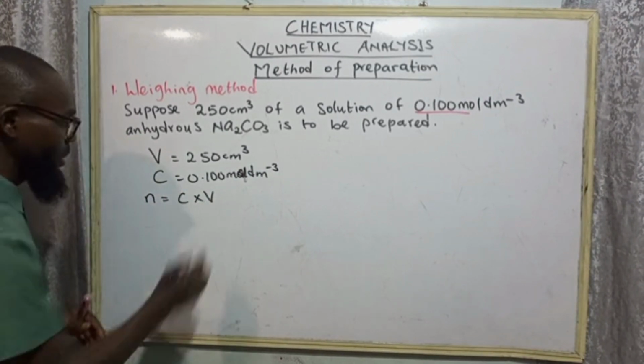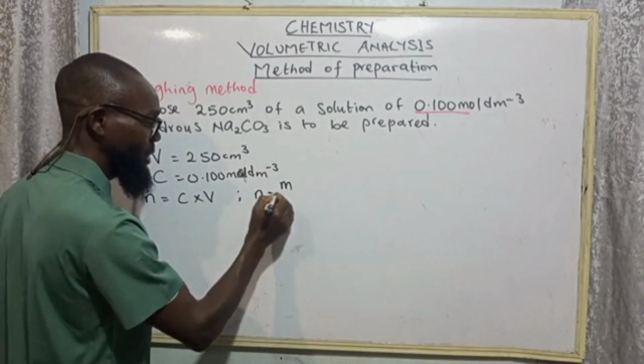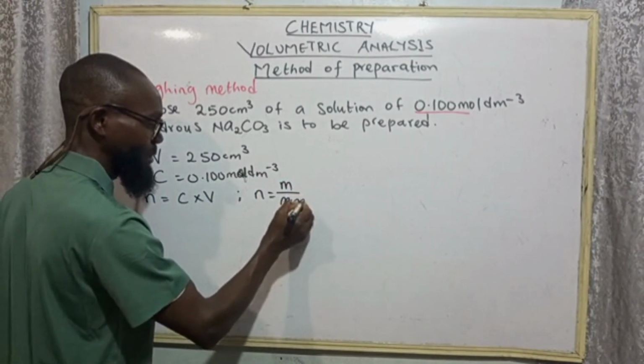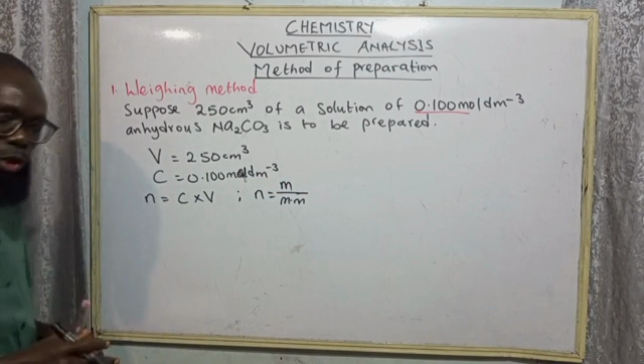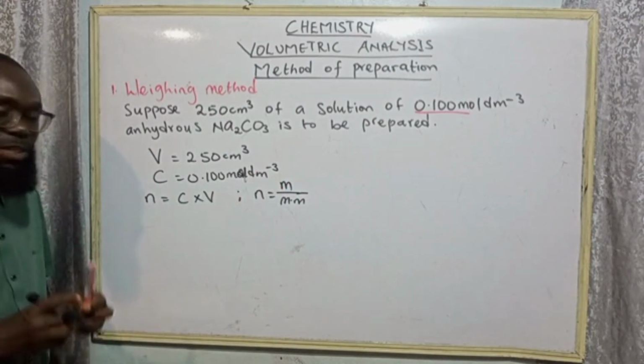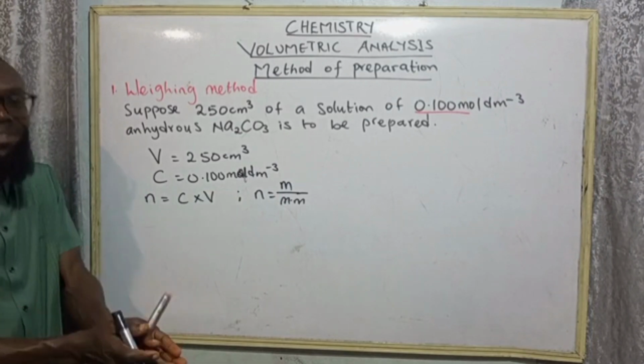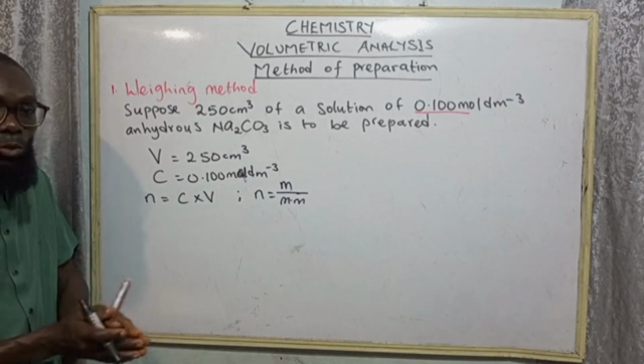That is one. Secondly, our number of mole is going to be equal to mass over molar mass. And verily, what we want to obtain is the mass of this substance that we are going to weigh in order to standardize it, to get a standard what?